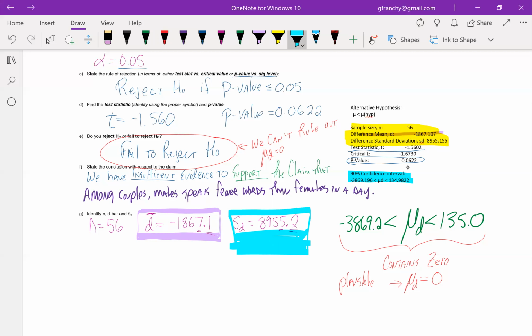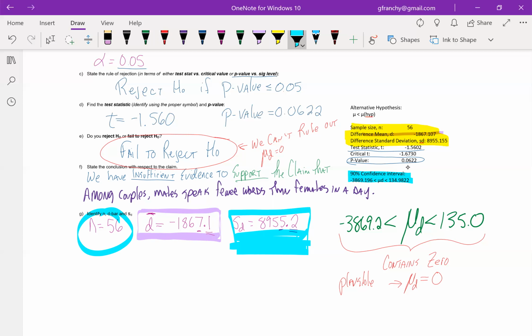Now, when we're comparing groups, we would have to do the standard deviation that's based off of a sample size of 56 there. But even if we divide by the square root of 56, that's dividing by about 7.5. Our standard error here is still going to be well over 1,000.